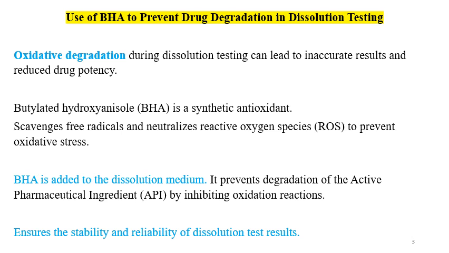It is a synthetic antioxidant and it prevents the oxidation of the drugs. BHA is added in the dissolution medium and it prevents degradation of active pharmaceutical ingredients by inhibition of the oxidation reactions. It ensures stability and reliability of dissolution test results.